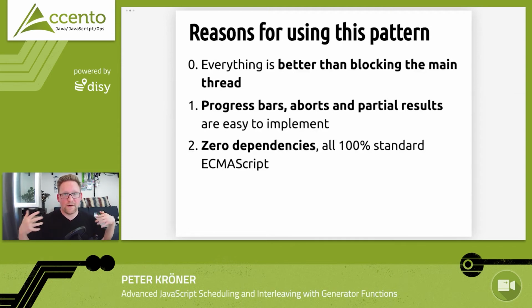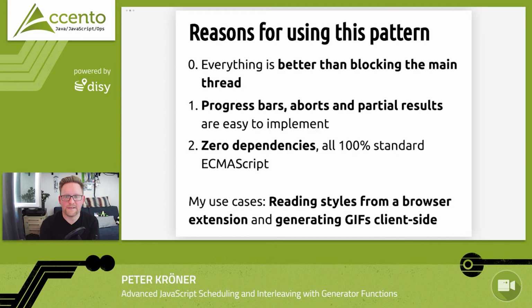This works in every browser, and if you happen to support something, I don't know, from the Ice Age, you can still use Babel. Babel can still transpile everything to something that, I don't know, works in IE9 or what have you. I used this pattern for 2 use cases.